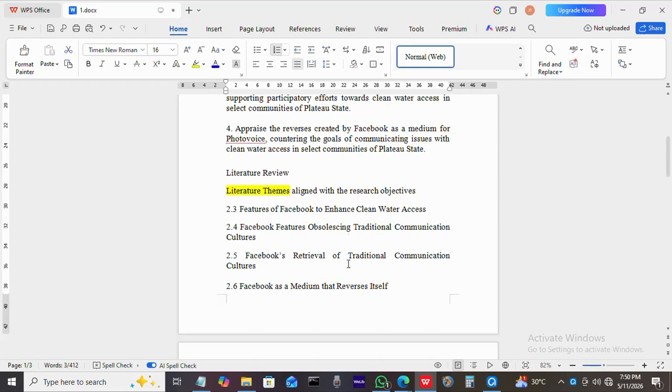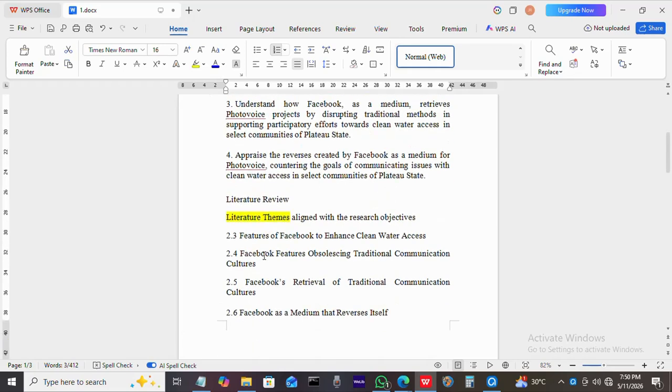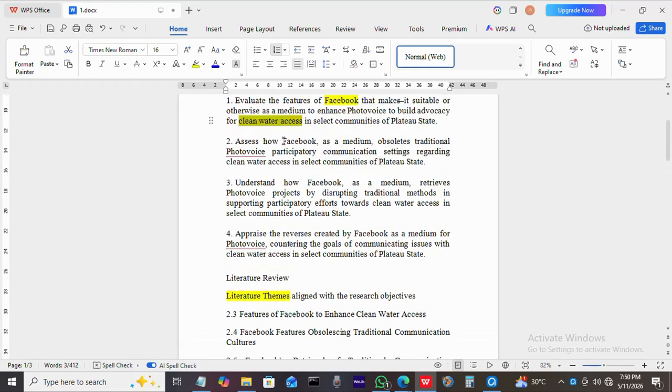Now, you see the second objective. We see features of Facebook obsolescing traditional communication cultures. So how does Facebook, we have picked Facebook, obsolesce traditional photo voice?